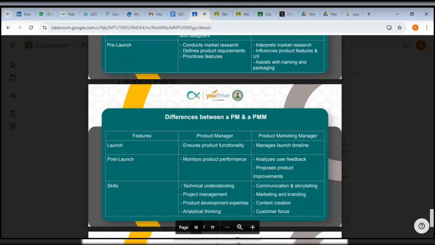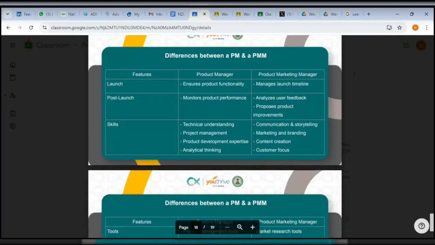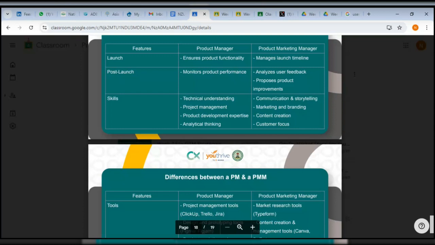And then the skills for a product manager will be technical understanding. No one is requesting that you must know how to code, unless you're a technical product manager, then maybe the requirements would be a bit different. But if you're a product manager, it becomes important that you understand the technical process for the engineering teams and the design teams, and even the QA, the quality analysis team.